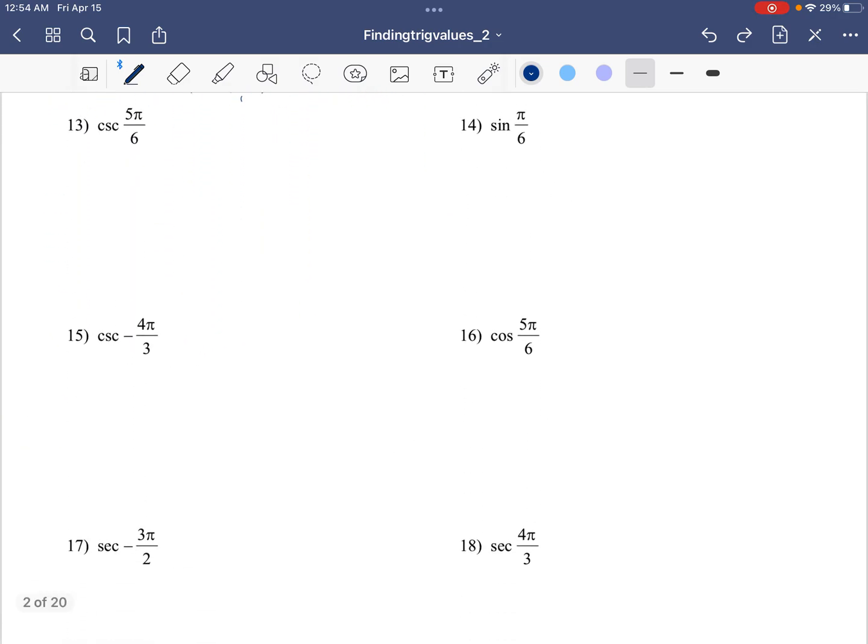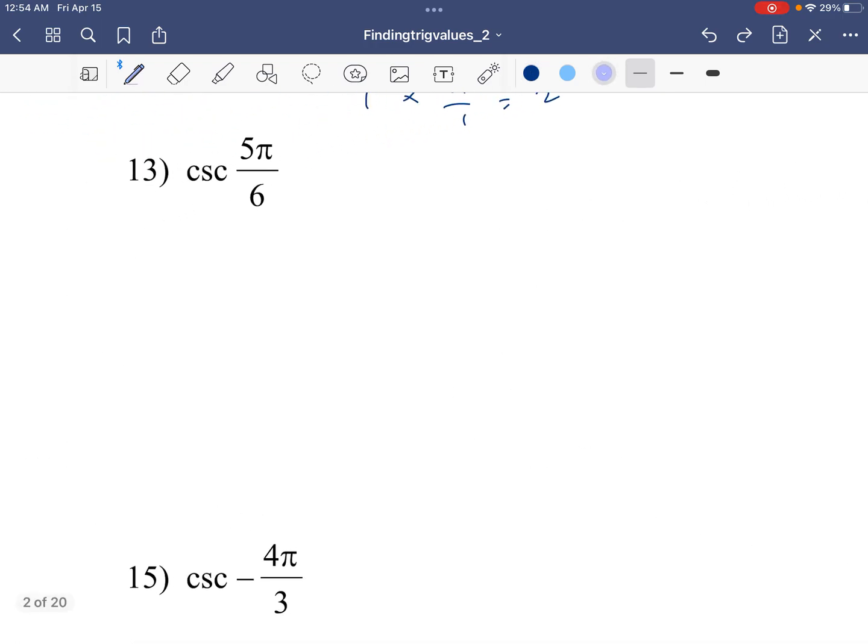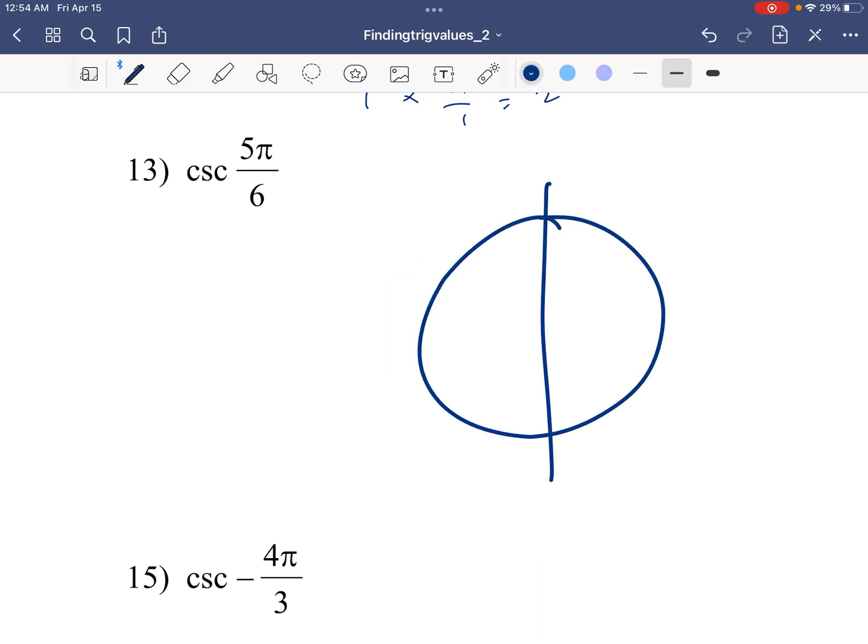I'll do another reciprocal one. Okay, cosecant of 5 pi over 6. So where's pi over 6? It's positive, so I start on the standard line, and then we're going to move to the left, which is counterclockwise. So 5 pi over 6 is like here.